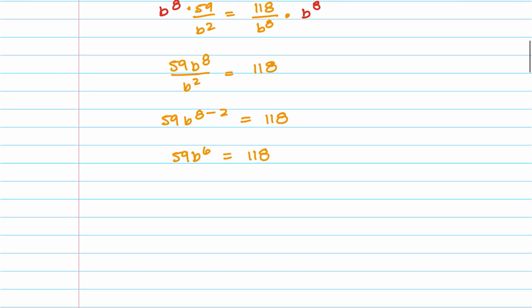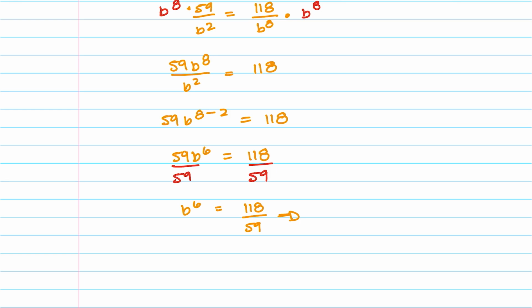To get rid of the 59, let's divide both sides by 59, and we end up with the equation b to the 6th power is equal to 118 divided by 59. Now, the problem was explicitly asking for b, not b to the 6th.